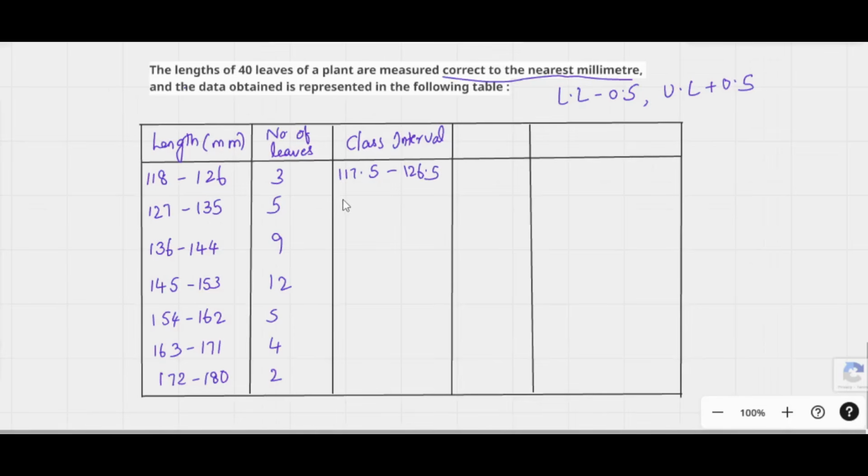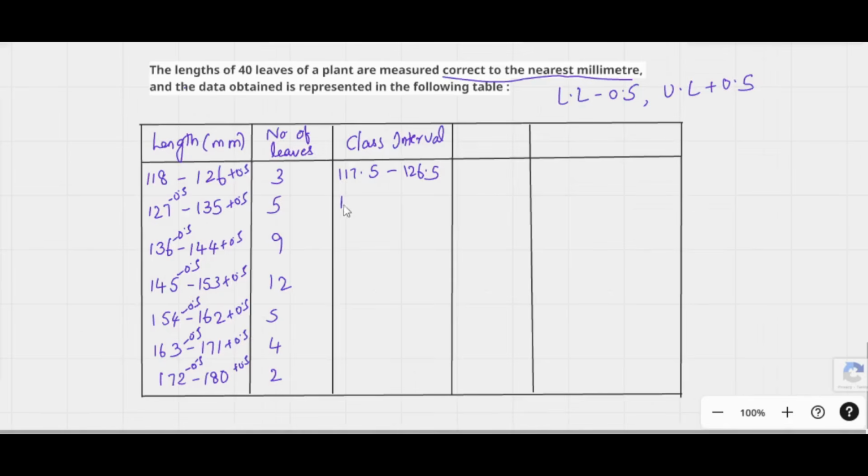Same here, 127 minus 0.5. We are going to do minus 0.5 to all of these lower limits, and similarly plus 0.5 to the upper limits. This is our nearest millimeter. Done.